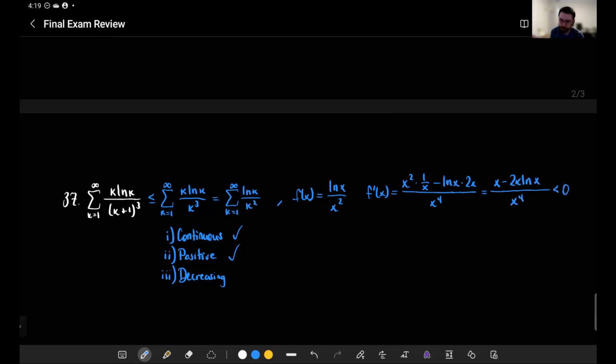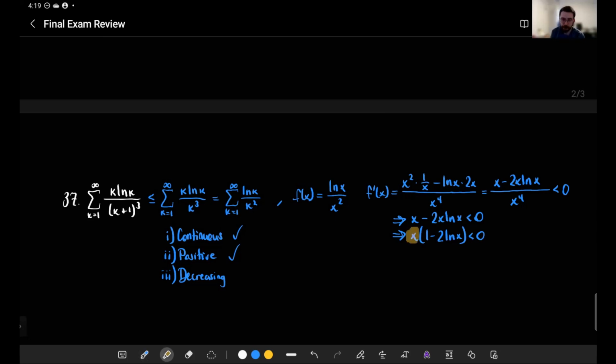But we can check if that's less than 0 to see if the derivative is negative. That's the same as, well, the bottom is always positive, so that's the same as saying the numerator has to be negative. Maybe we factor out this x. So this is now x times (1 minus 2 ln x). We want that to be less than 0.